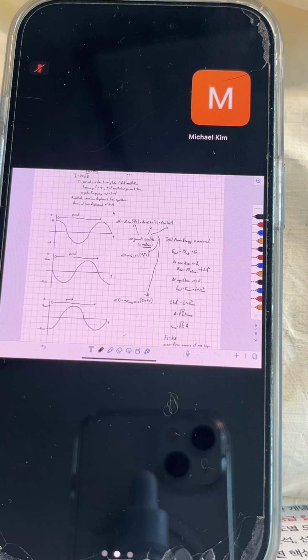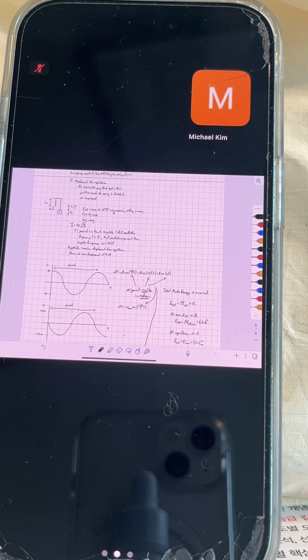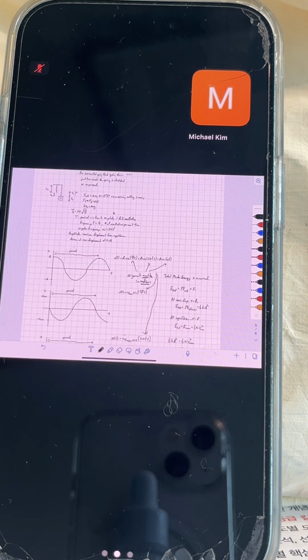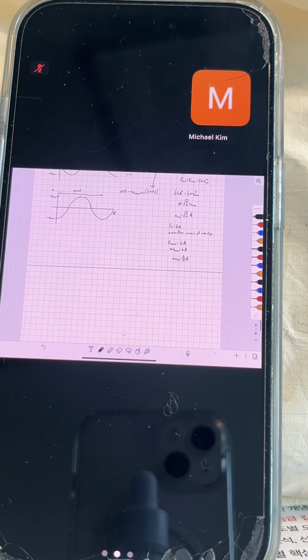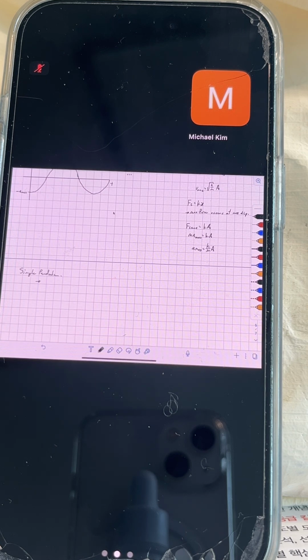And questions on any of this? Otherwise, the last thing we then talked about was the simple pendulum. The main thing we said here was that this only approximates harmonic motion, right?